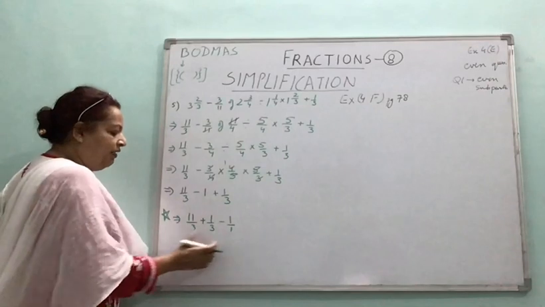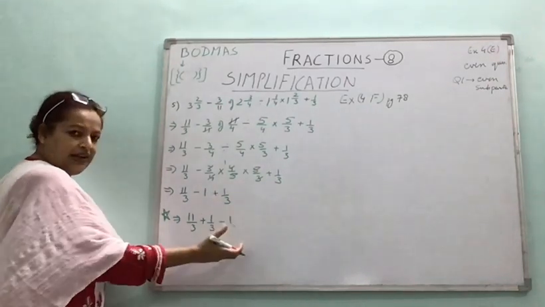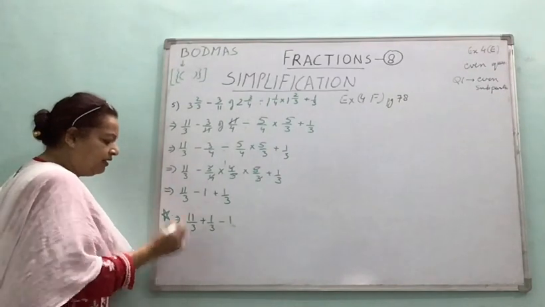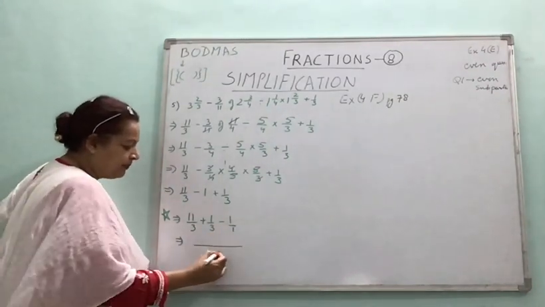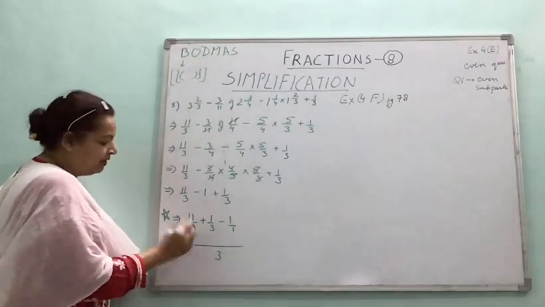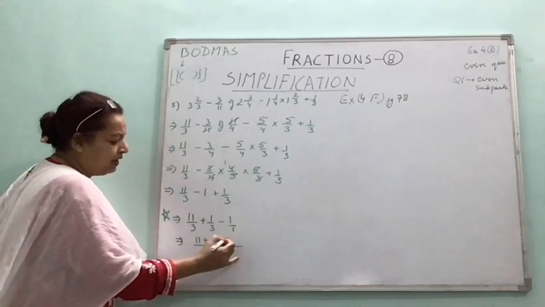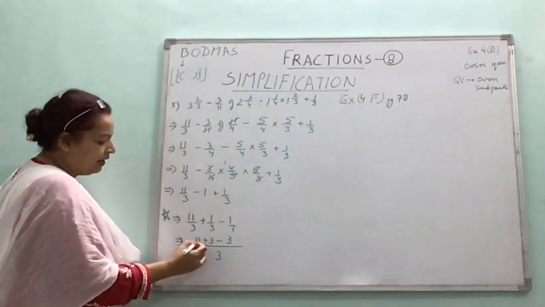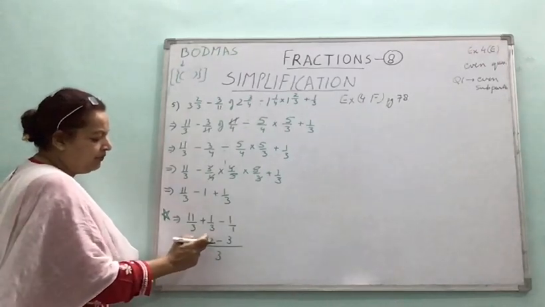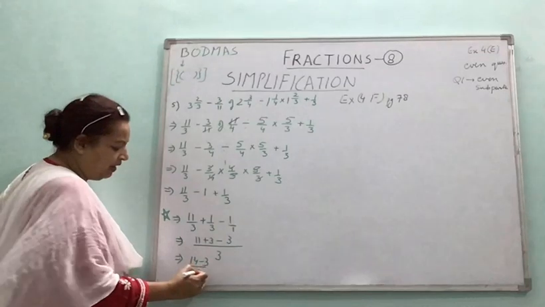See, ideally we should add the positives and then the negative. But now we can take LCM throughout, no problem. When there is addition subtraction. So 11 plus 3. Now 1 goes 3 times, so multiply numerator by 3. What do you get? What do you get, children? Add the positives. 14 minus 3 by 3.